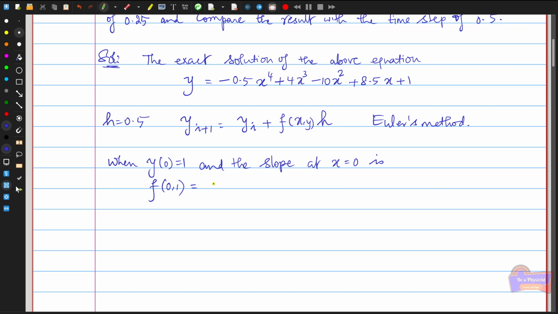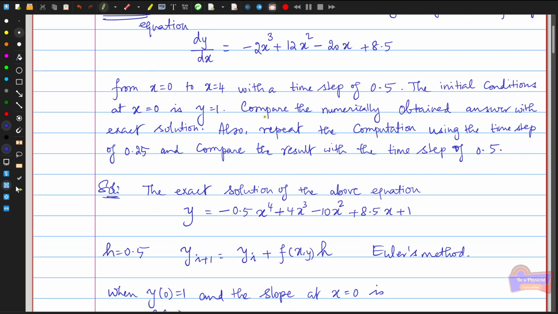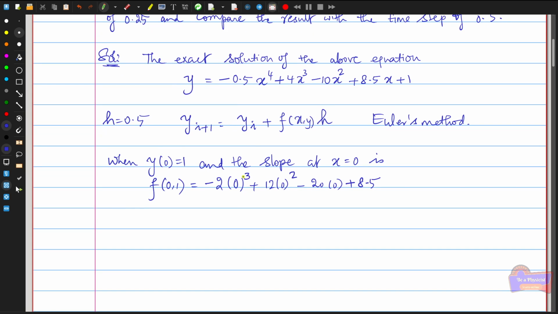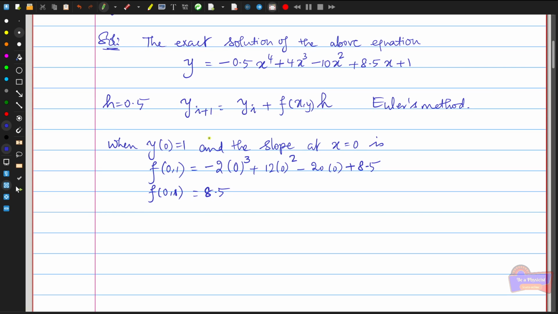Substituting, we get minus 2 times 0 cubed plus 12 times 0 squared minus 20 times 0 plus 8.5. Everything is 0 except the 8.5. So the slope f of 0 comma 1 is 8.5.